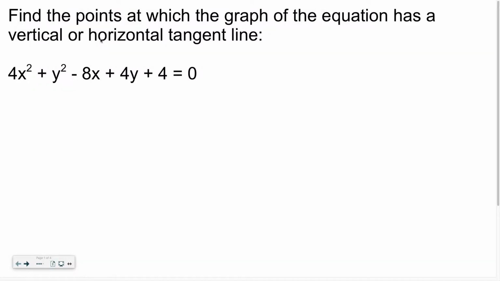Okay, so here I have a problem that's written implicitly, and I'm asking you for vertical and horizontal tangent. We talked about horizontal tangent lines, right? Now we gotta talk about vertical tangent lines.